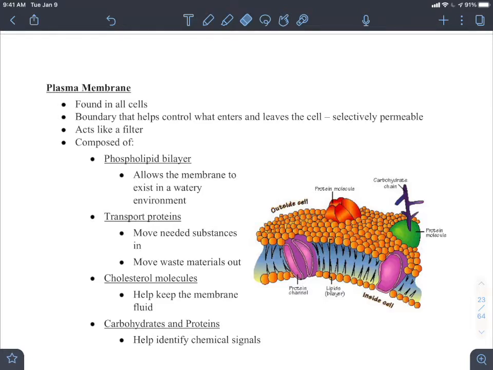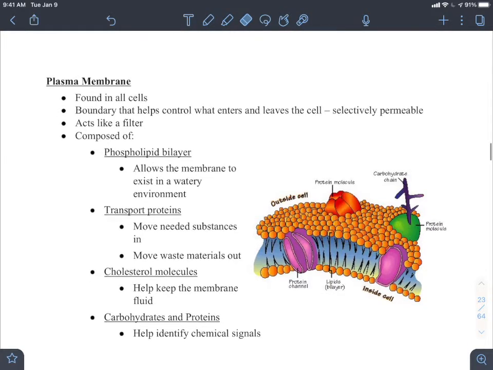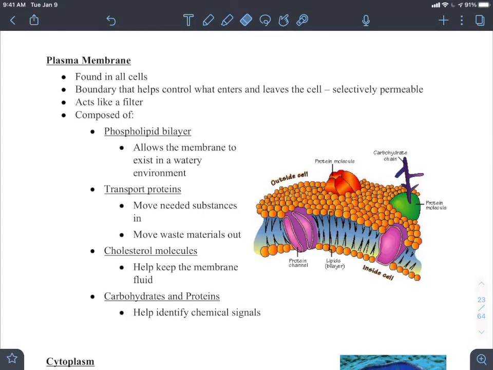Plasma membranes are found in all cells, and they are boundaries that help control what enters and leaves. They are selectively permeable, which means they filter out many of the things that would be harmful to a cell. They can filter out toxic chemicals, different molecules, harmful viruses and things like that.